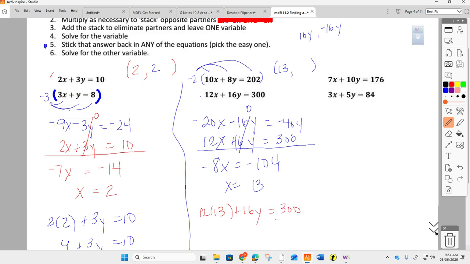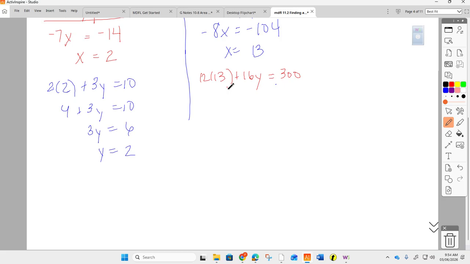Now I have an equation with only one variable, y. 12 times 13 is 156. Now I'm going to subtract 156 from both sides, and 16y equals 144, I believe. And now we're going to divide both sides by 16 to find that y equals 9.